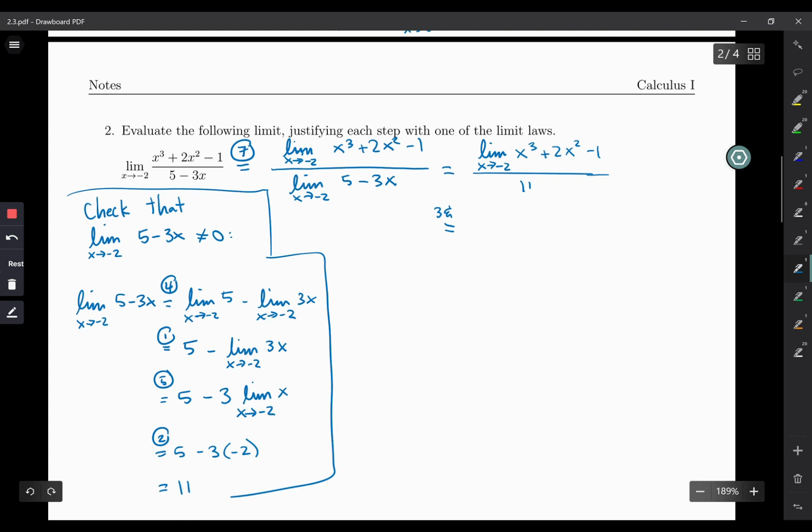So 3 and 4. Okay, which means I get the limit as x goes to minus 2 of x cubed plus the limit as x goes to minus 2 of 2x squared minus the limit as x goes to minus 2 of 1.